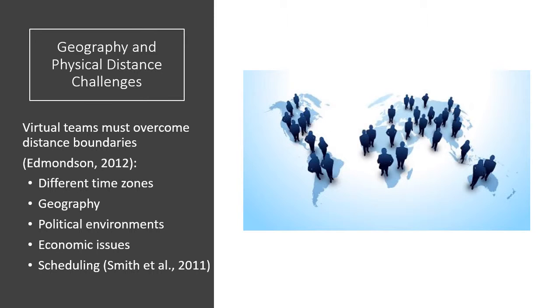Virtual teams wrestle with scheduling because it takes more time to organize and plan meetings, and this causes stress when deadlines approach. Lack of planning to overcome geographical boundaries is detrimental to virtual teams.